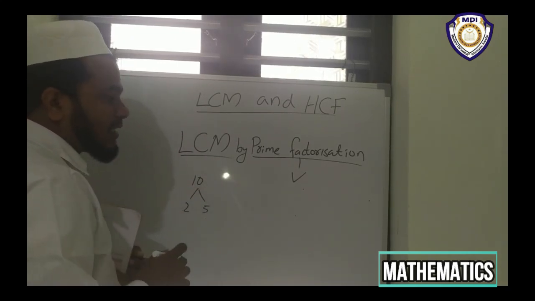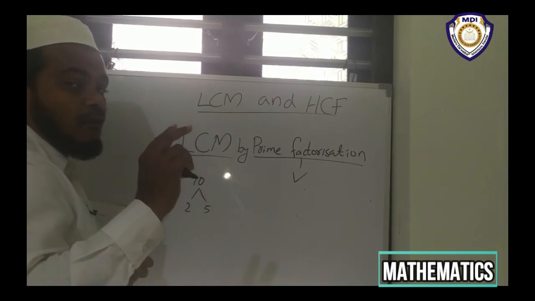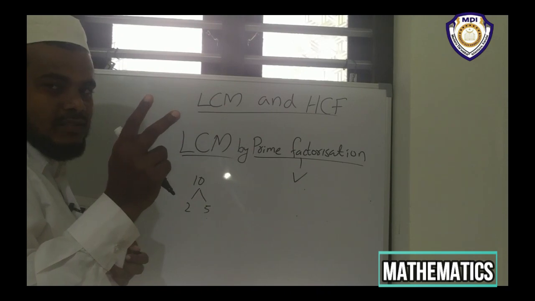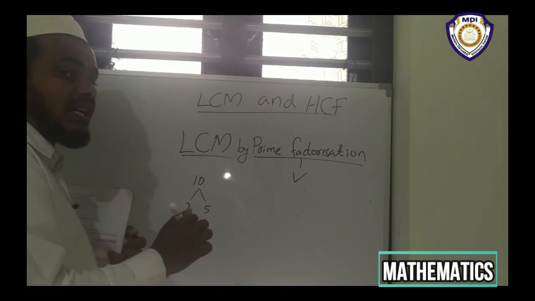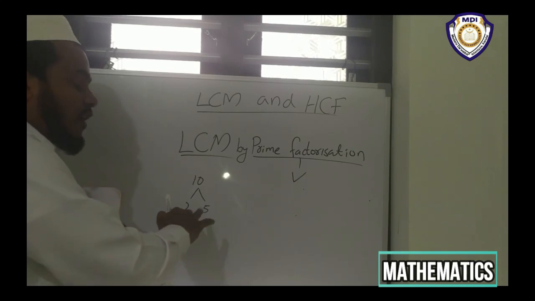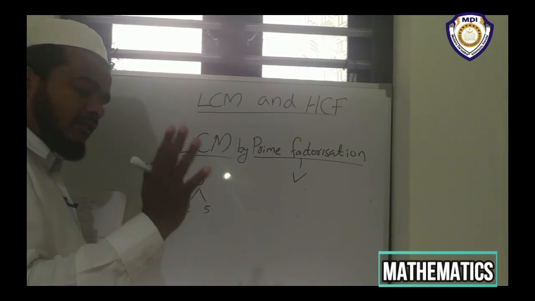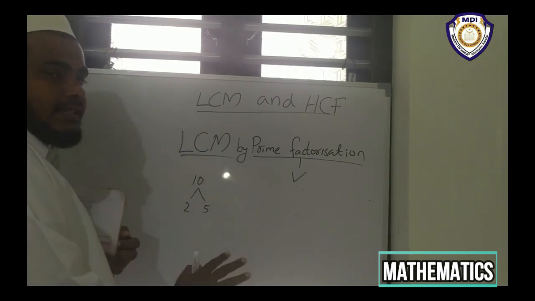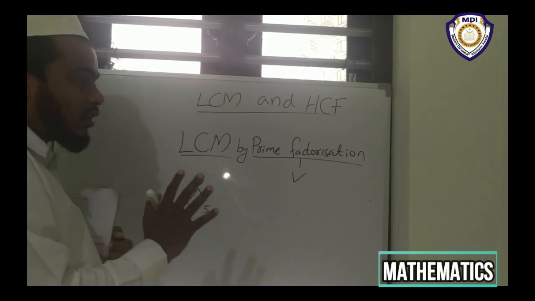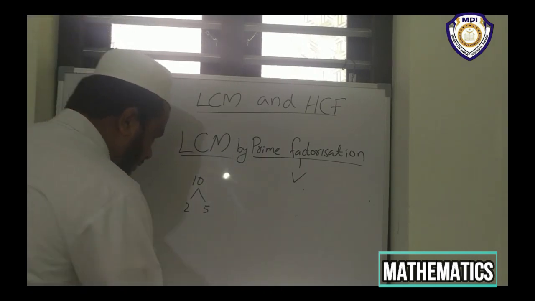This is the prime factorization because 2 has only 2 factors, 1 and the number itself. 5 has only 2 factors, 1 and the number itself. So it is known as a prime factor.